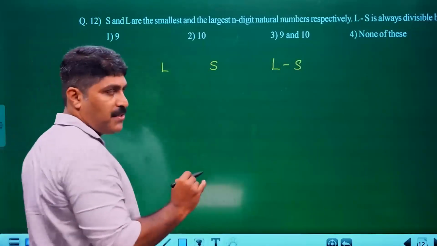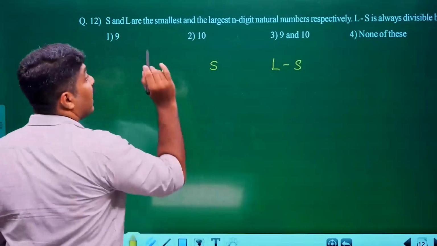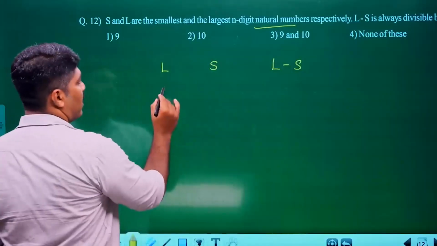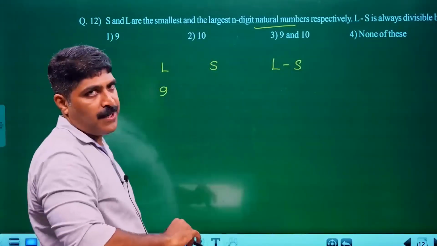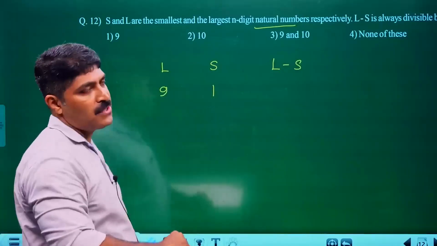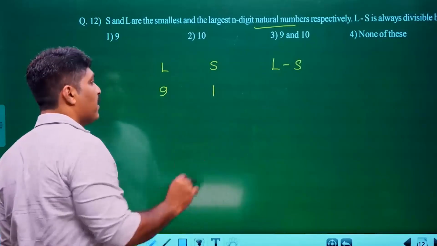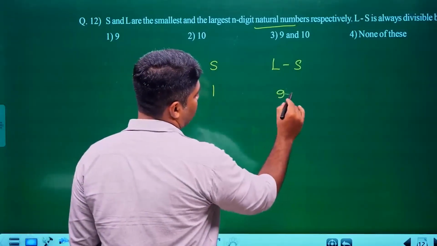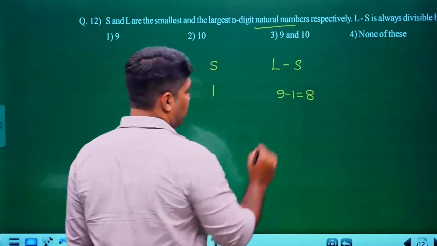Here 9 is the largest single-digit natural number. Therefore, 1 is the smallest single-digit natural number. What is 9 minus 1? That is equal to 8.